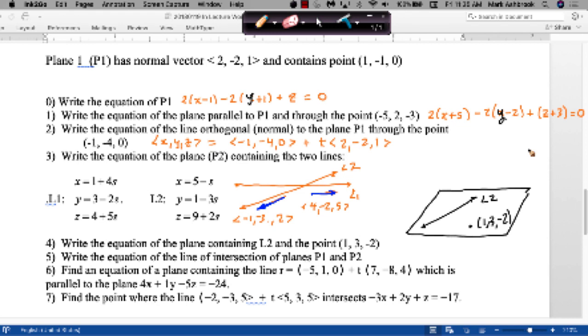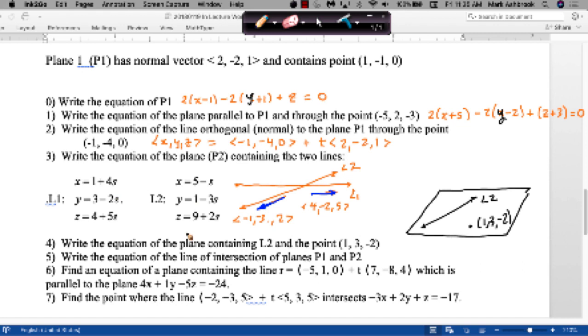So it's going to be the plane containing those two intersecting lines. What do we need? We need a point in the plane. Do we have a point in the plane? We got two of them, right? Because if it's a point on the line, then it's a point in the plane. So either of these two points will work, or any point on L1 or any point on L2. Those are all valid points that we could use for the plane.